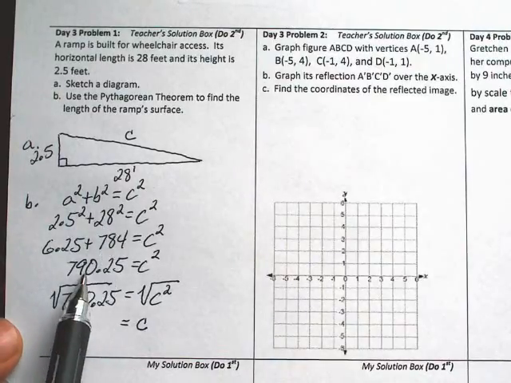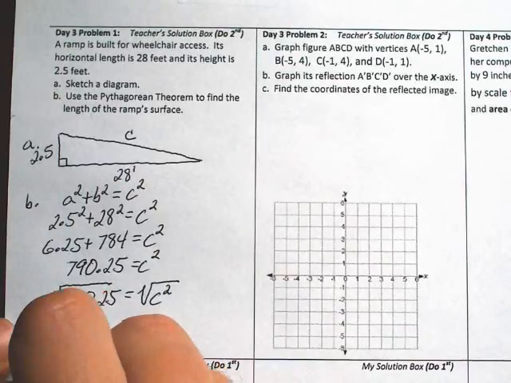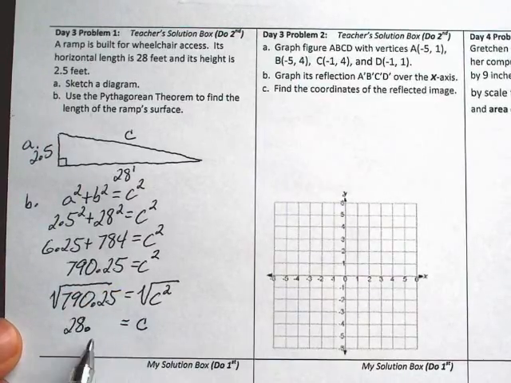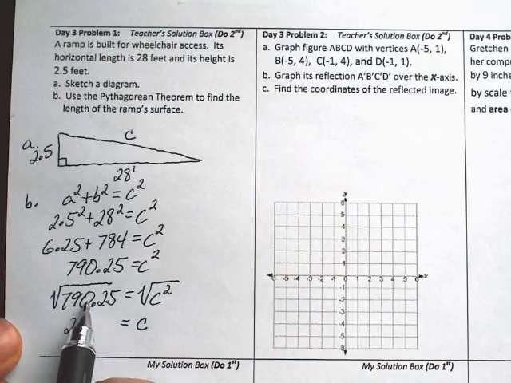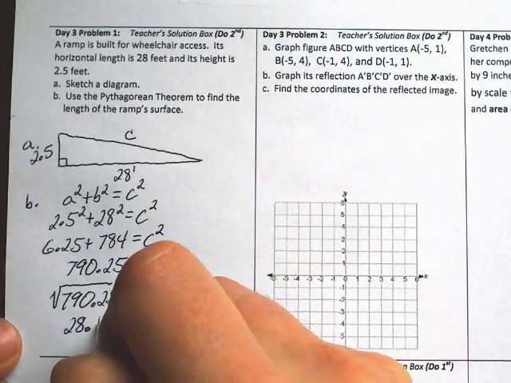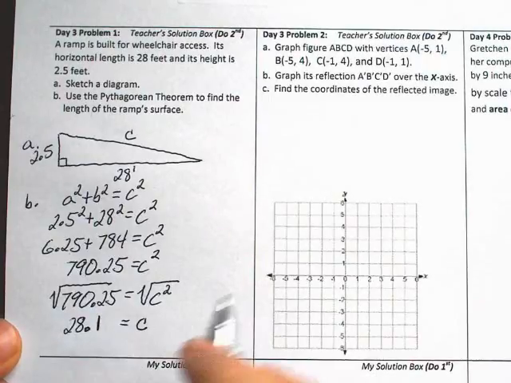The square root of 790 is going to be a little more than 28. So 28 point, and then we take a guess for that tenths position. Because 790 is so close to 784, I'm going to guess only 0.1. And so I think that a good guess for an answer for C is 28.1.